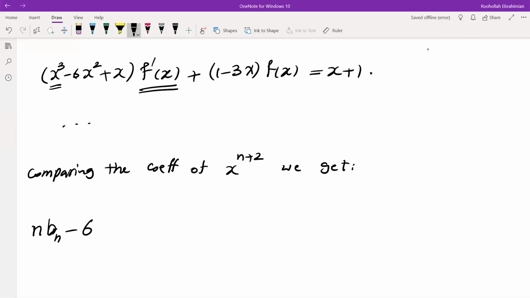And then you look at the next term, which would be b n plus 1, and then plus 6 n plus 1, bn plus 1.